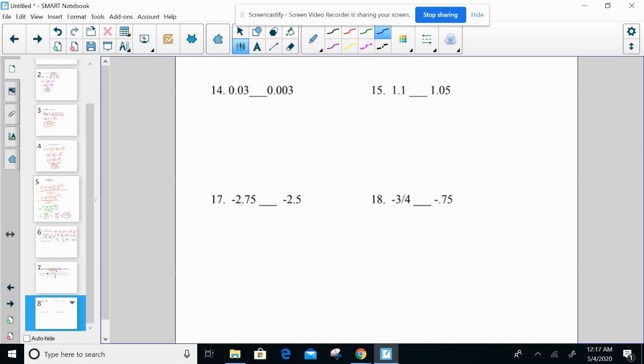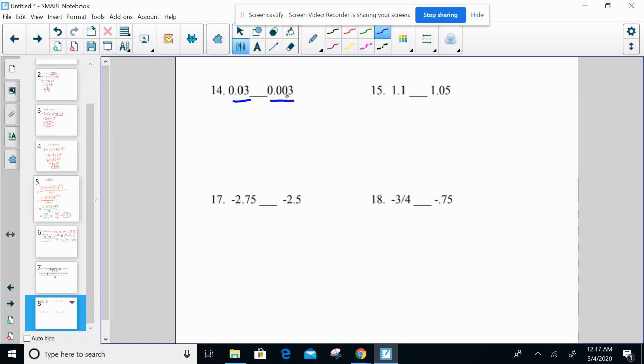All right, finally, comparing them. You'll definitely see this. You'll see this on the third assignment as well. You're just deciding which one's greater than or less than or equal to. So when you look at these, you got 0.03 and then 0.003. They both look very similar. This one has an extra 0. Keep in mind the names of the places. This one goes to the hundredths. This one goes to the thousandths.